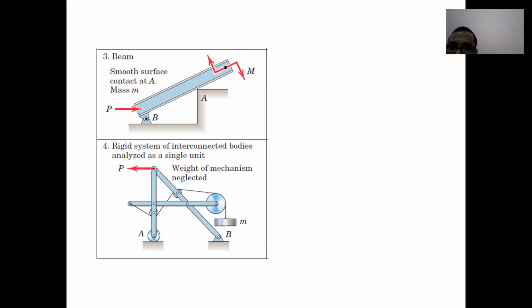Okay, so we start with a slanted line. We always start with the main body, okay? Yeah, and then a horizontal force P coming from the left end, P. What else?